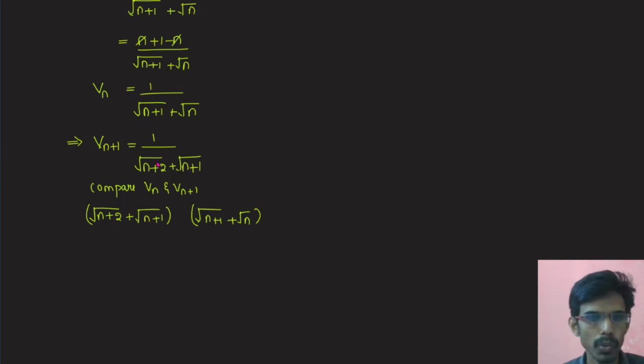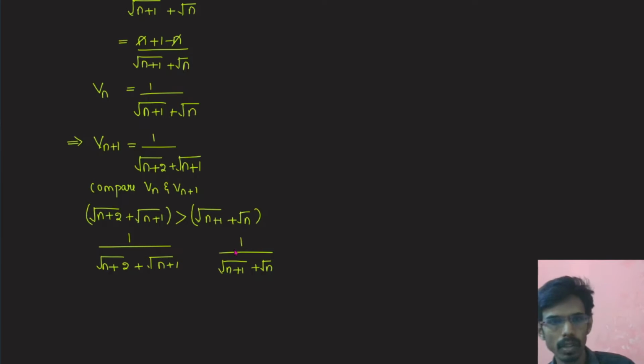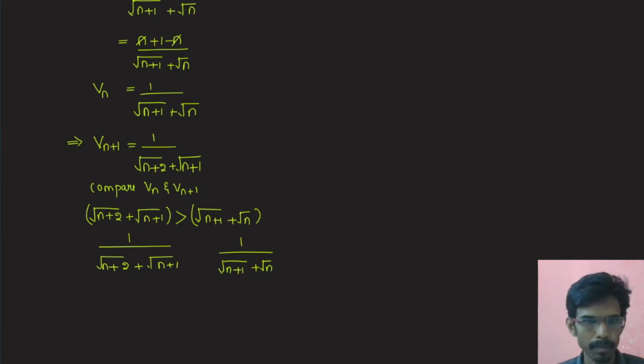Now compare these two. The left hand side is greater, so this one is greater than the right hand side. Now if I take the reciprocal, this will become 1 by root n plus 2 plus root n plus 1 upon 1 by root n plus 1 plus root n. Since we take the reciprocal, the greater than sign will become less than.